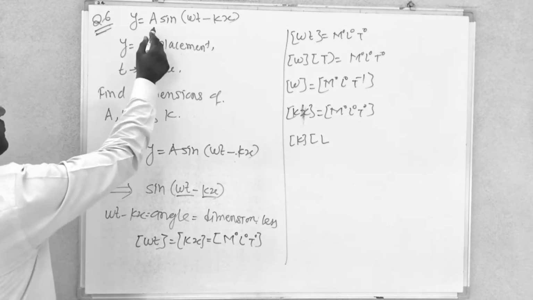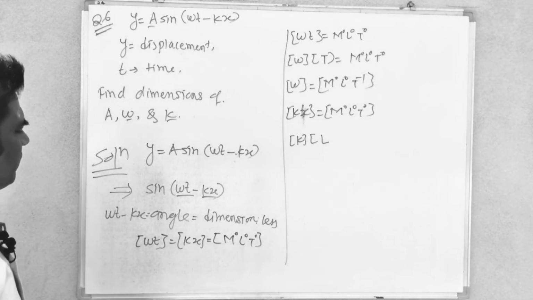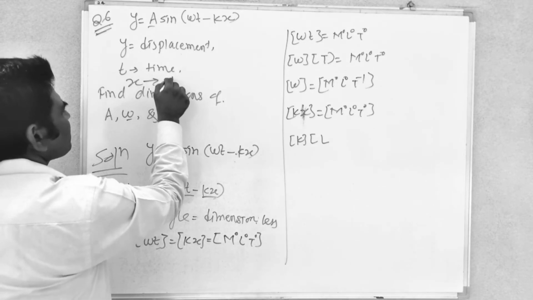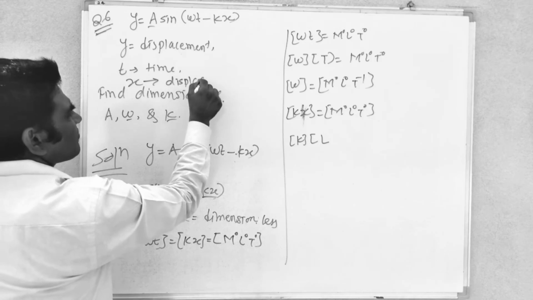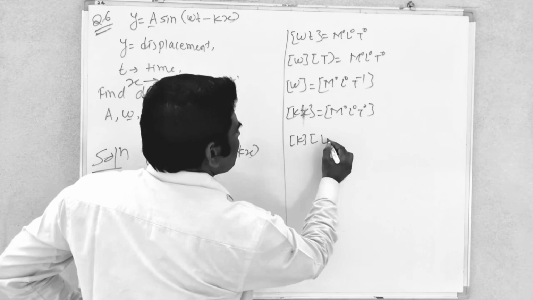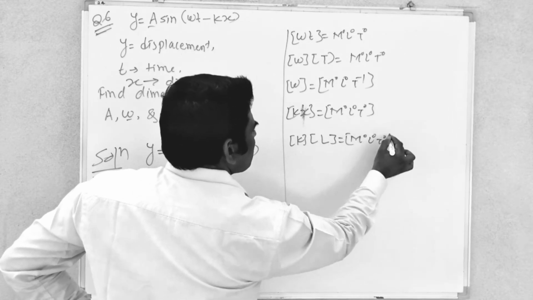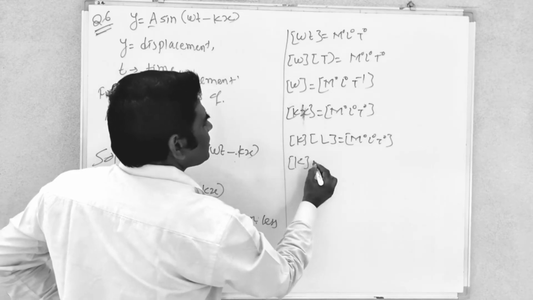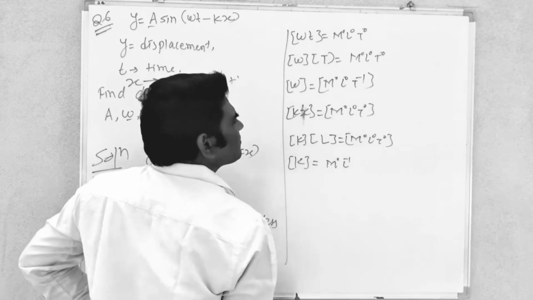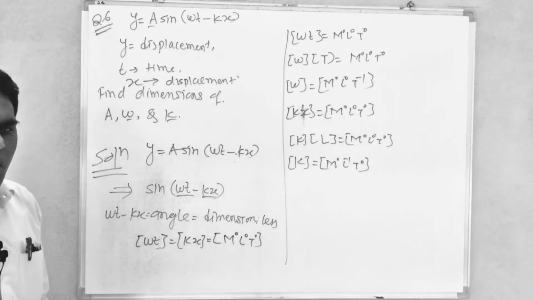What we have been asked is the dimension of A, omega and k. So x is also a displacement or distance. So displacement means L, and this is equal to M0 L0 T0. So ultimately the dimension of k is M0 L to the power minus 1 T0. Yes or no?